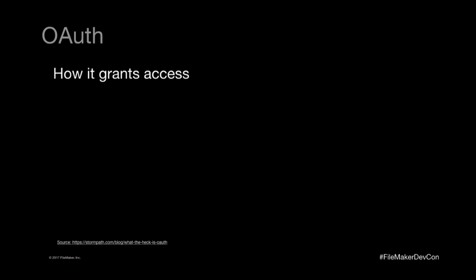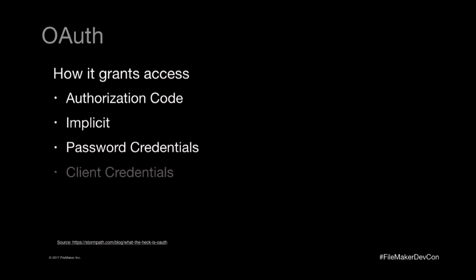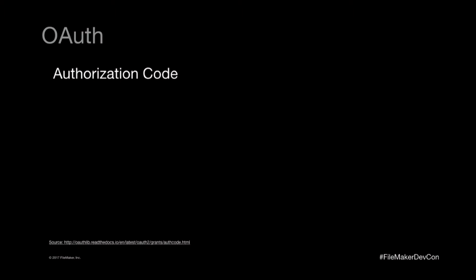Now, in order to get access to a server using OAuth, there are basically these methods: authorization code, implicit grant access, password credentials, client credentials. In this session, I'm going to show you the first two, authorization code and implicit. When we have an authorization code grant access, it is optimized for confidential clients.